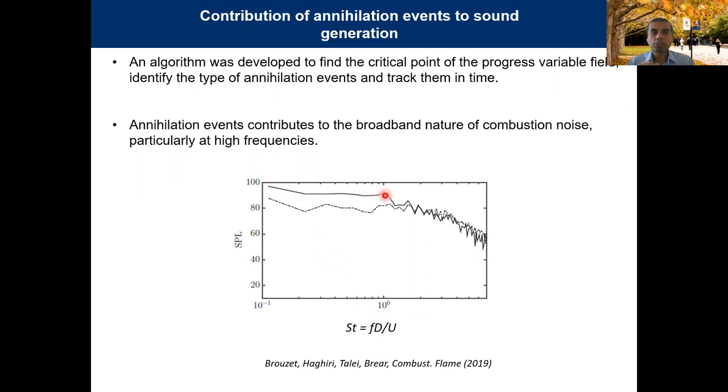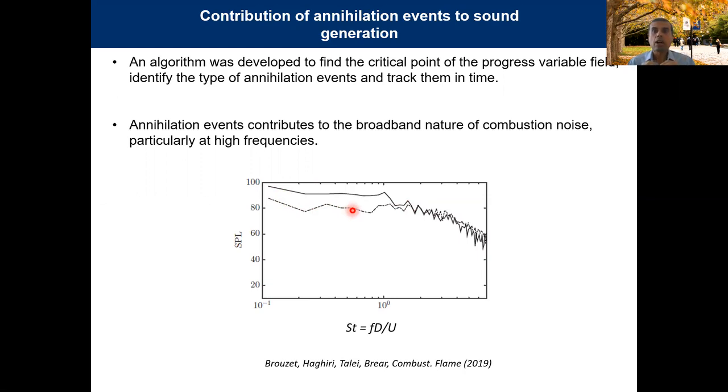The solid line shows the DNS results. So basically, it is the sound pressure level at a point in space in the far field, reasonably far from the flame. And the dashed line here is when you calculate the contribution of the annihilation events.